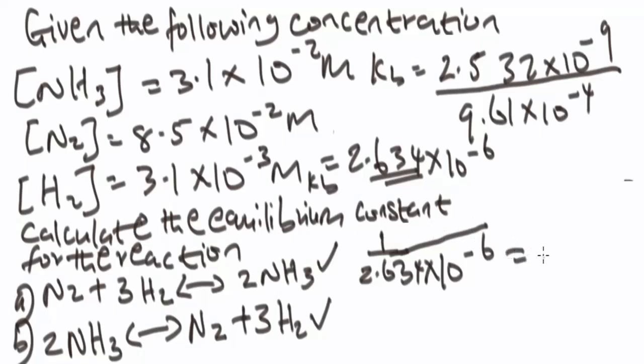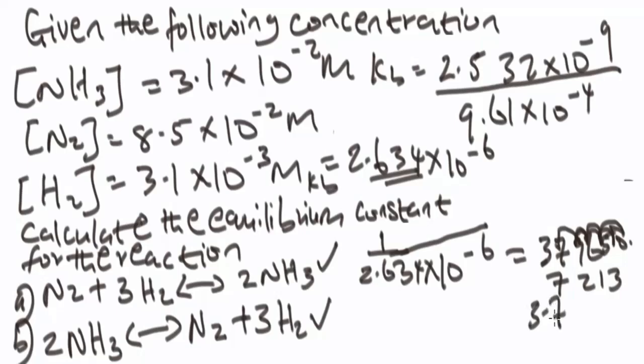It's going to give us the first value we got for the equilibrium constant of reaction A: 37965, 0.7213. When you put it in standard form, you go backward 1, 2, 3, 4, 5, so it's going to give us 3.7 times 10 to the power 5.